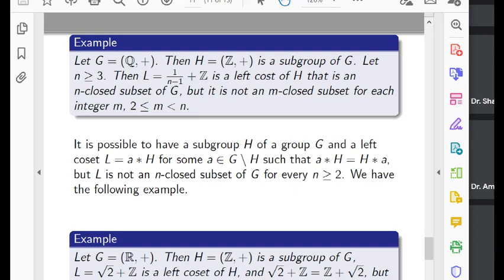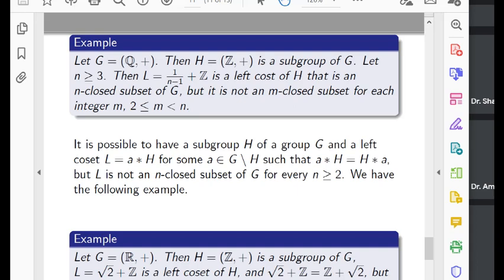And so the question is why? The reason, because remember the theorem I promised, we have one condition: that the number of the left cosets is a finite number.